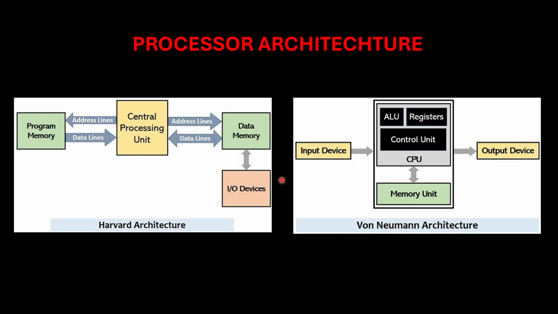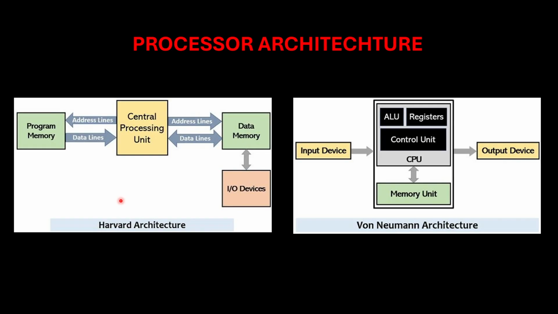As far as I remember, and as far as I know, Harvard is newer than the von Neumann architecture, and actually most of the processors nowadays use this Harvard architecture. So the microcontroller that we are going to be using is the PIC16F887. It works with the Harvard architecture.